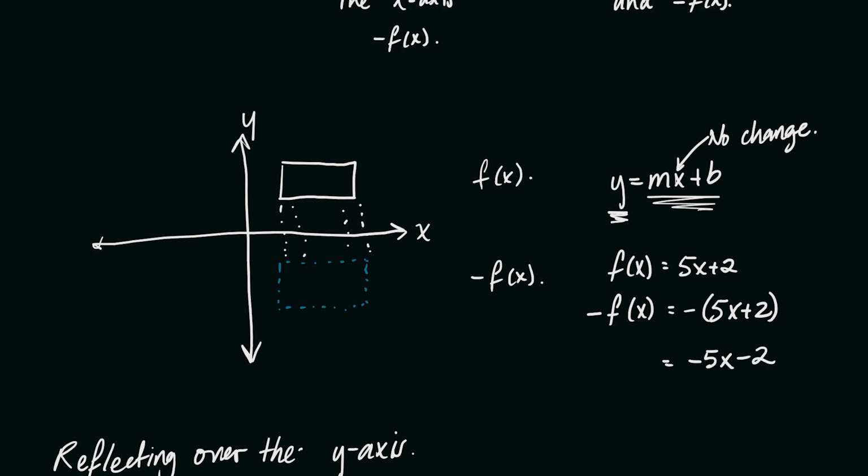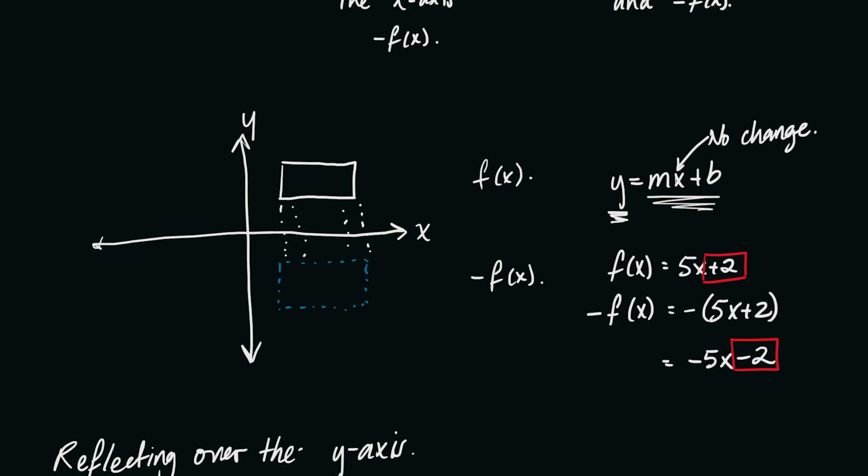An easy way we can see that the y-intercept changed is because we have it perfectly in the mx plus b form. And this last term here, I'm going to box this in red. This last term tells us what our y-intercept is. In this case, it turned from a positive 2 to a negative 2.